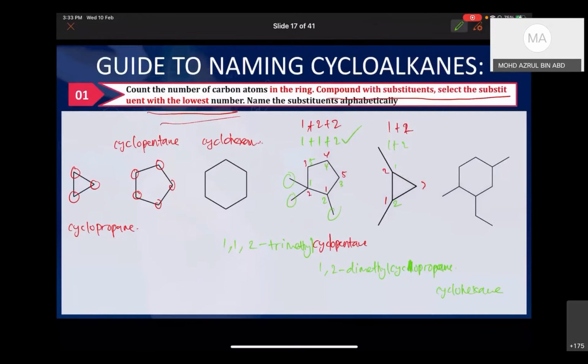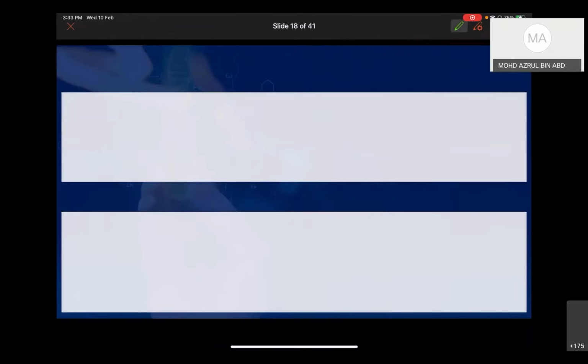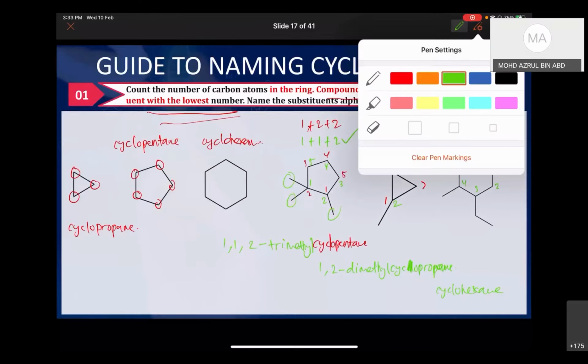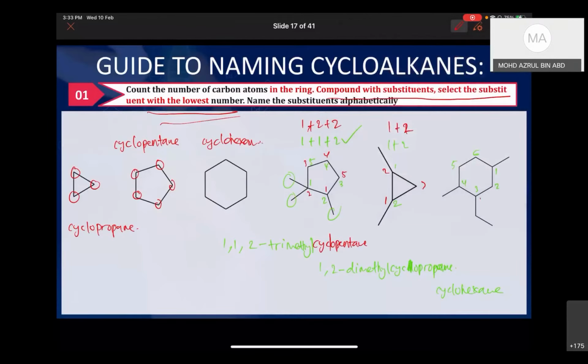Maybe you can start from here: 1, 2, 3, 4, 5, 6. Or maybe you can start from this one: 1, 2, 3, 4, 5, 6. Or maybe you can start from this one: 1, 2, 3, 4, 5, 6.